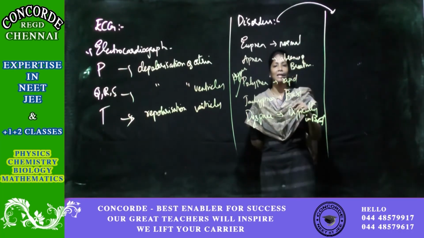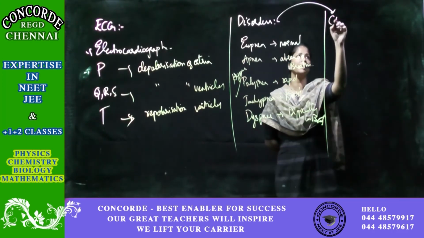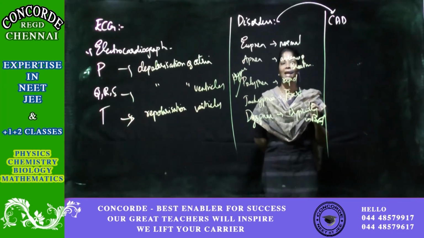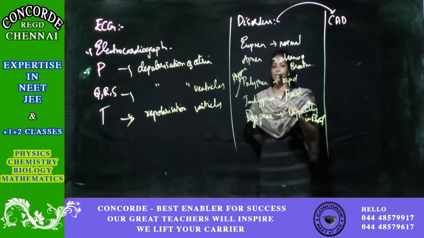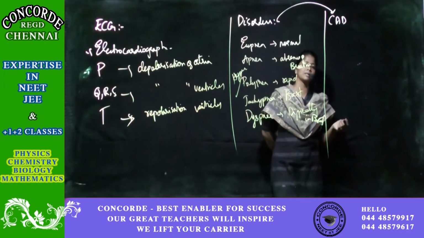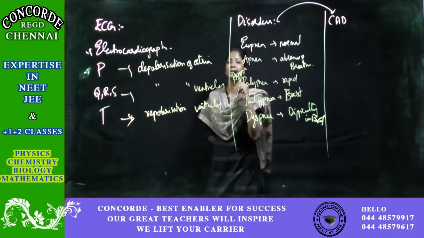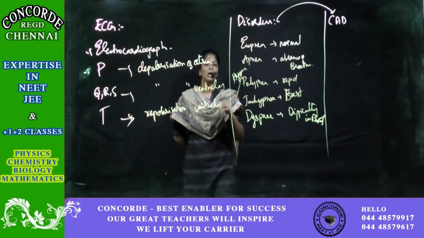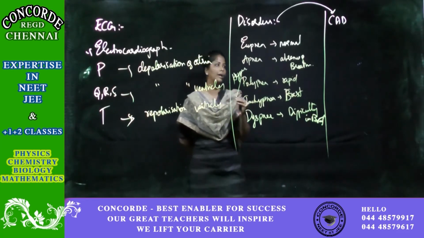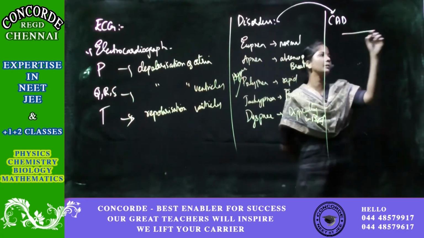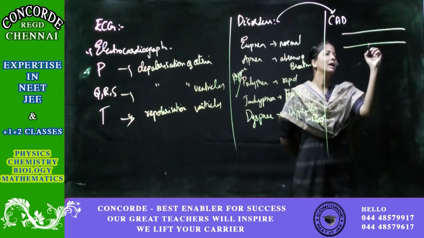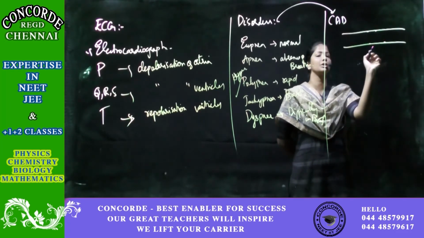As far as the heart is concerned, the main thing is your coronary artery disease, CAD. What happens in CAD is that the blood vessels which are supplying blood to the heart are narrowed. How are they narrowed? By plaque formation. If this is your blood vessel, initially there might be a small scratch.